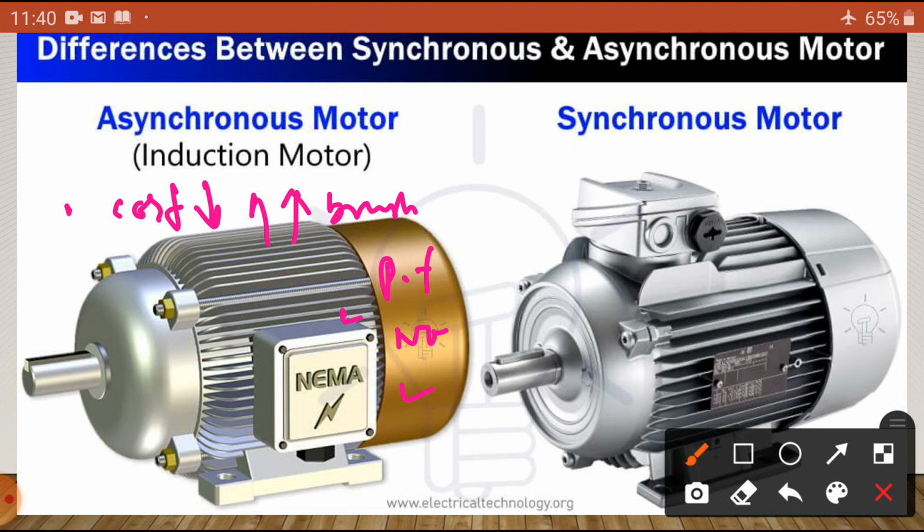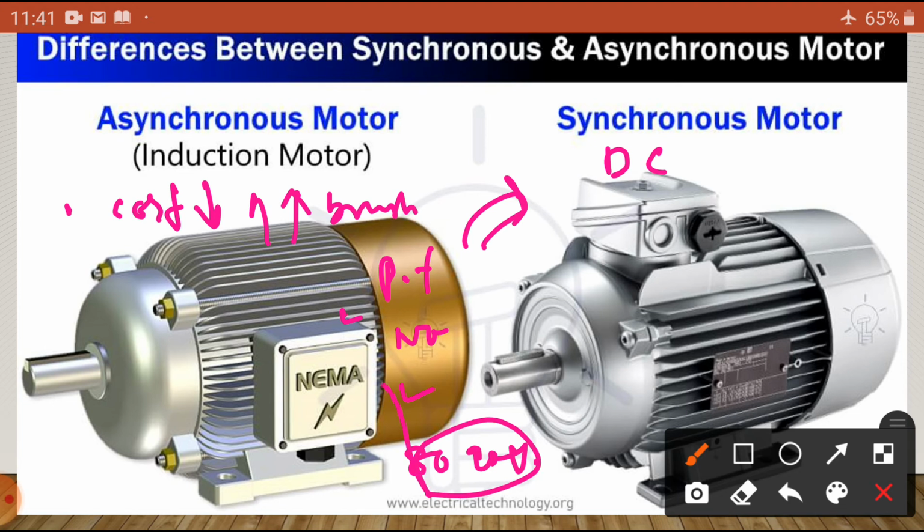These are the benefits of induction motors compared to the synchronous motors as well as the DC motors. That's why nowadays 80 to 90% of the motors we use in daily life are induction motors. Okay, so that is the requirement.